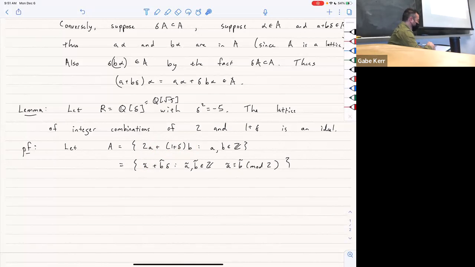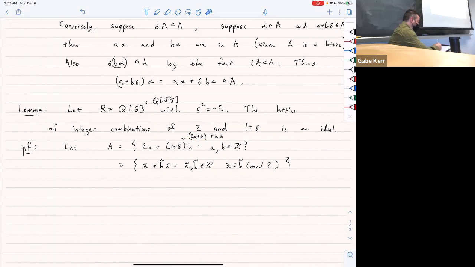Clearly those two are congruent mod 2, since 2a goes to 0. If I were to rewrite it, it would be 2a plus b delta, but this is my a tilde and this would be my b tilde. They're congruent mod 2 because 2a just goes to 0, since something that's a multiple of 2 is 0.